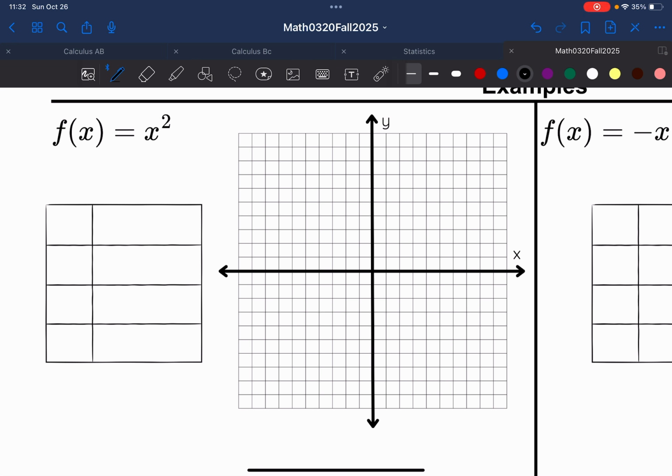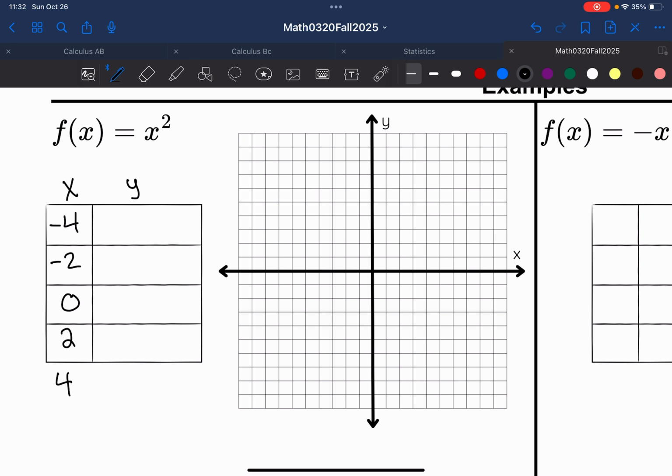When I'm picking my points, the easiest thing I like to do is to make sure I pick 2 negative numbers, a 0, and 2 positive numbers. So these are my x and these are my y's. You can choose any numbers; I'm just choosing these ones because I think they're easier. I'm going to choose -4, -2, 0, 2, 4.